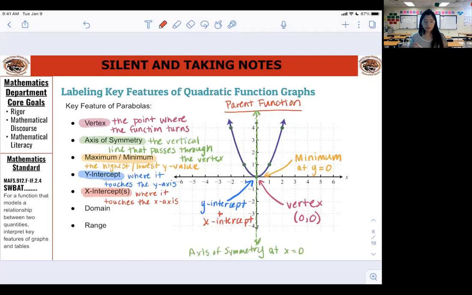Now I want everyone to catch up to this point because for domain and range, I'm going to want to erase everything. So I'm going to give everyone about another minute to catch up to where we are so that I can erase after that. Oh no, domain and range. War flashbacks. Yes.